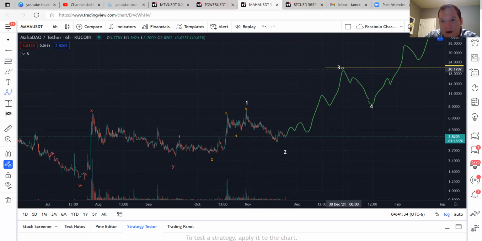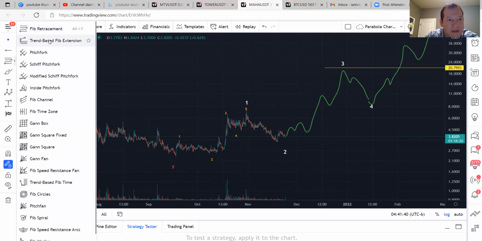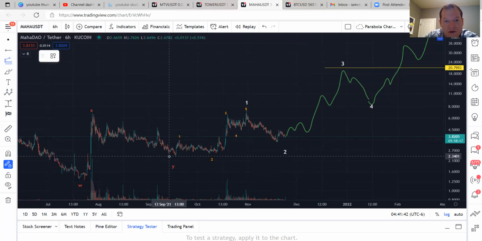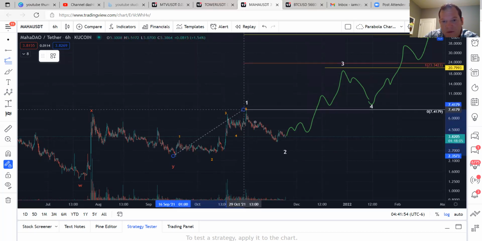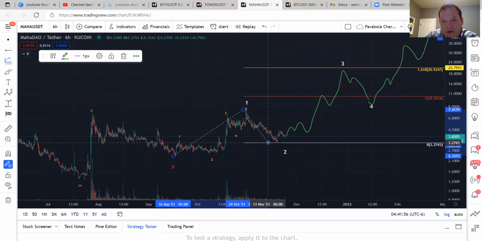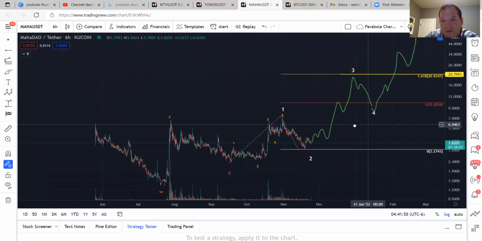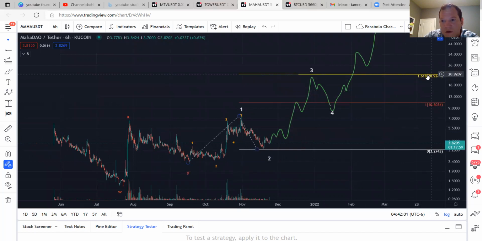So the next wave up here will be your macro 3. And the way we get that, again, is from the trend-based fib tool, which you take from the bottom of your one, and you go to your five wave structure up to the top of your one, down to the bottom of your two. 3 waves typically run 1.618, which is right here, which is where I have it.